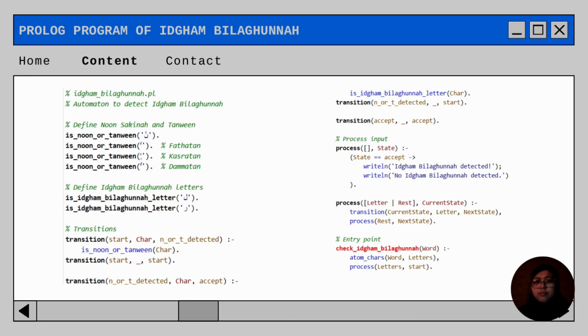Finally, the entry point check idgham bilaghunnah converts the word into a list of characters and starts the automaton from the start state. This program allows us to test any word and automatically determine whether idgham bilaghunnah applies.